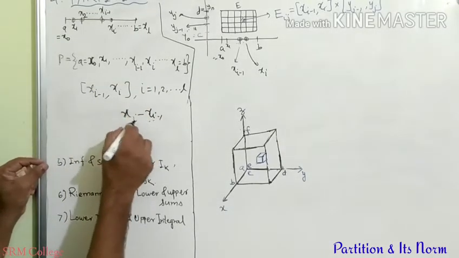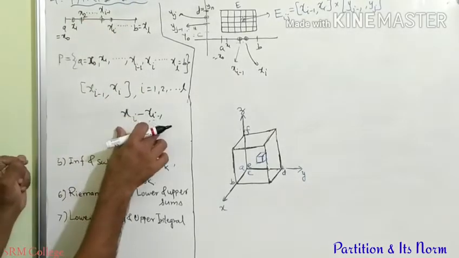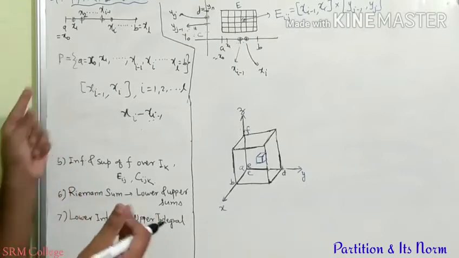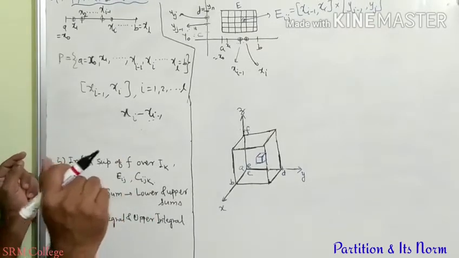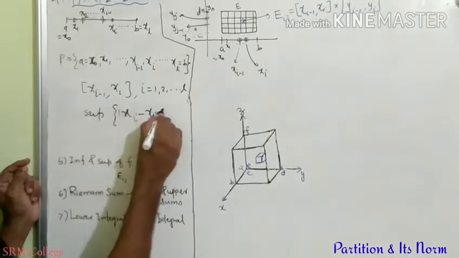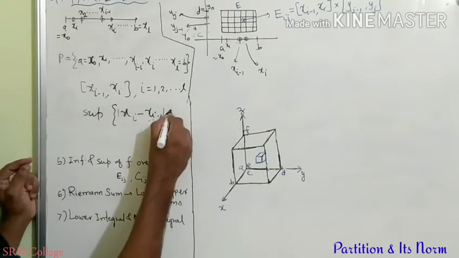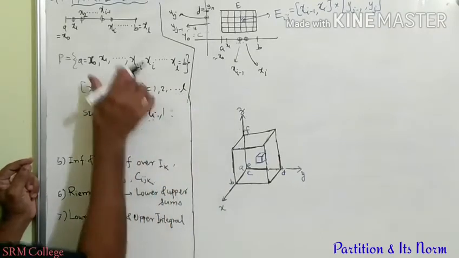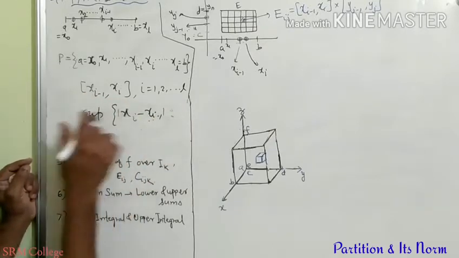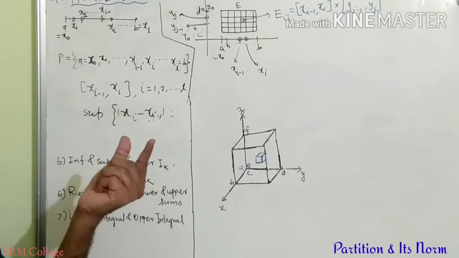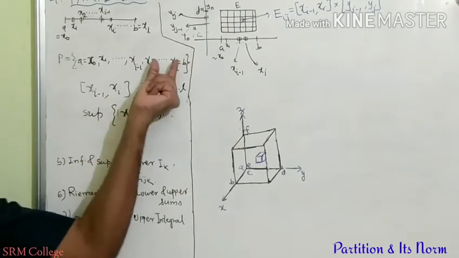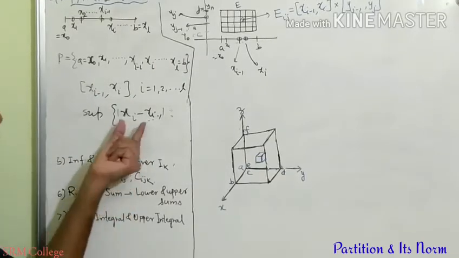So for each of the subintervals, measure this length. You will find one of the subintervals whose length is maximum, that is the supremum. So you choose the supremum of xi minus x(i-1), where i runs from 1 to L, meaning you have all these values of the lengths of the subintervals. As many subintervals as there are, that many lengths you will have.